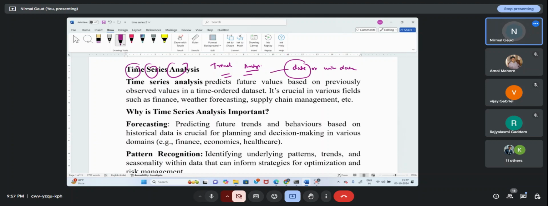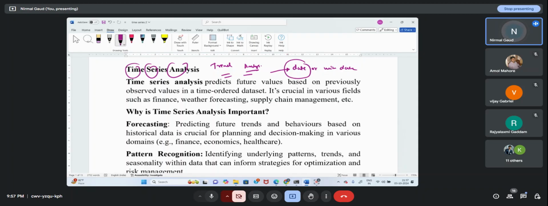Date data is regular data that has been taken on the basis of some interval, some time. It can be considered on a daily basis, weekly basis, monthly basis. Depends.